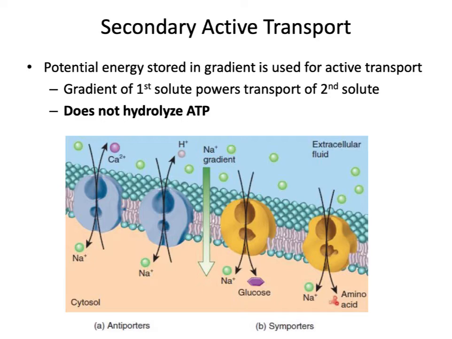And instead of using ATP to directly power this pump, we are harnessing this nice gradient of sodium. Because the two molecules are moving in opposite directions, this type of protein is called an antiporter. Therefore, secondary active transport can either move molecules in the same direction with a symporter or in the opposite direction with an antiporter. It is active transport because one of the molecules is moving against its gradient.